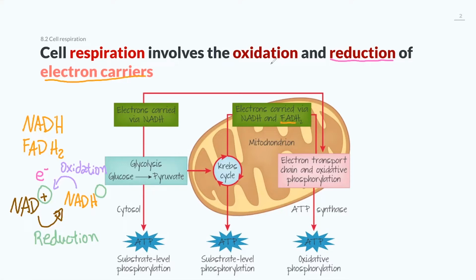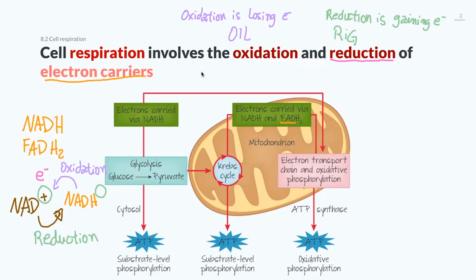And then we have this famous mnemonic called OIL RIG. Oxidation is losing electrons. Reduction is gaining electrons. So when you lose an electron, that's oxidation. When you gain an electron, that is reduction.